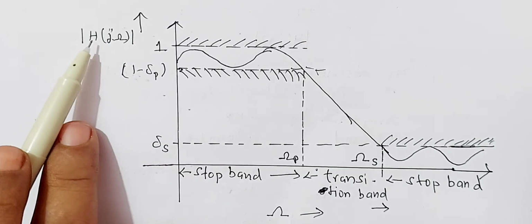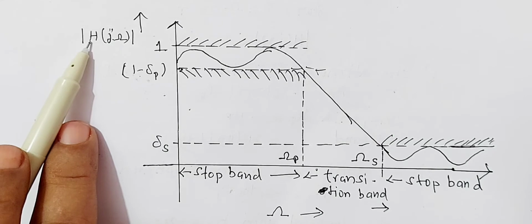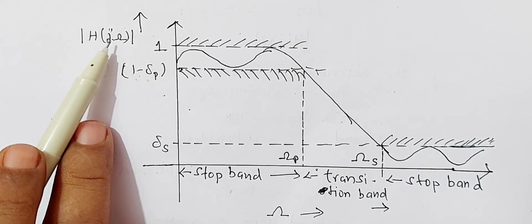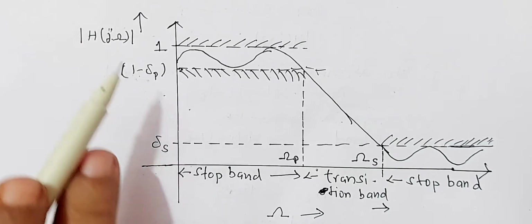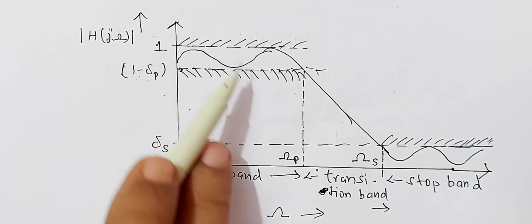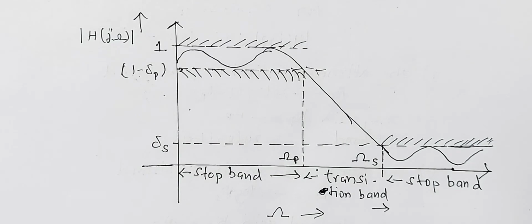I will represent the gain or magnitude by H of j omega, that is, output voltage by input voltage of the filter. Plot the graph of this gain along the frequency. You get a curve like this. This is the low pass filter curve.